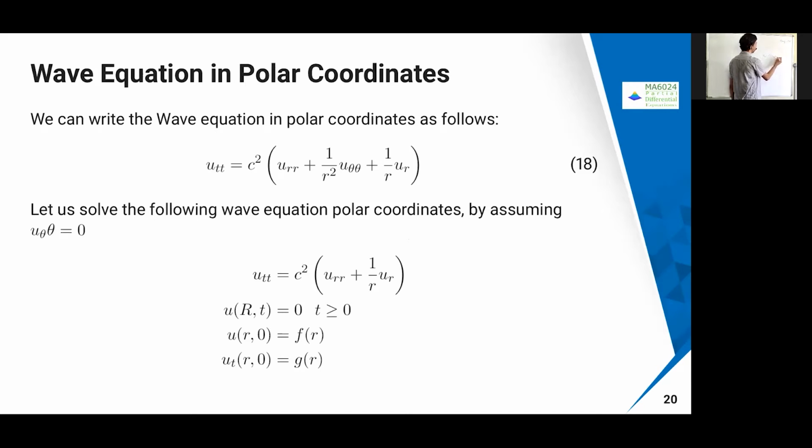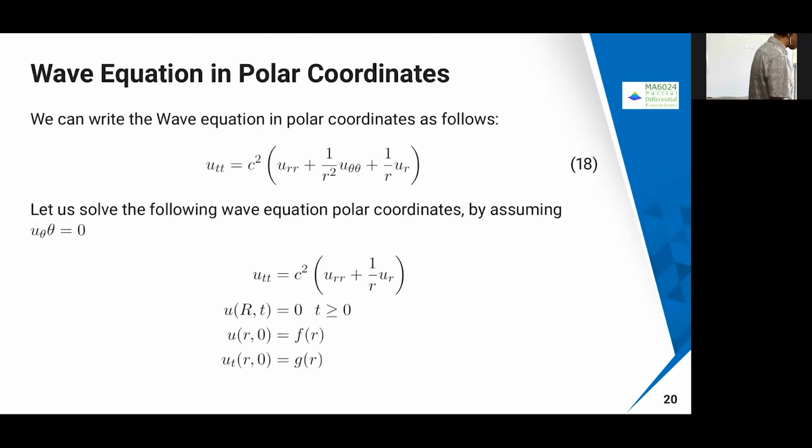So I'm going to write u tt equal to c square into u rr plus 1 by r into u r plus 1 by r square into u theta theta. That is going to be my wave equation in polar coordinates.